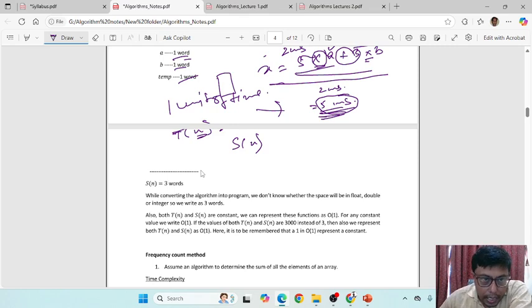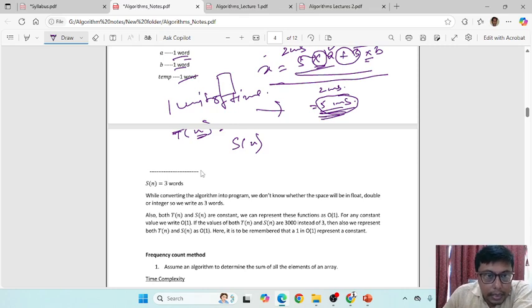Okay, so over here, if you see cumulatively, Sn is expressed as 3 words. Again, it's a constant word.